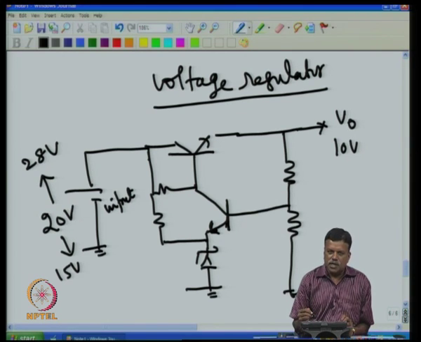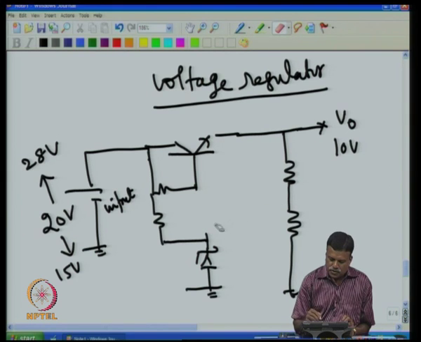Now, if you look at how it is working, this is a Zener diode. For example, I can remove this, that is, I put only this. Now, this is nothing but biasing the Zener. So, there will be a current flowing through this Zener. Assume this is a 5 volt Zener.